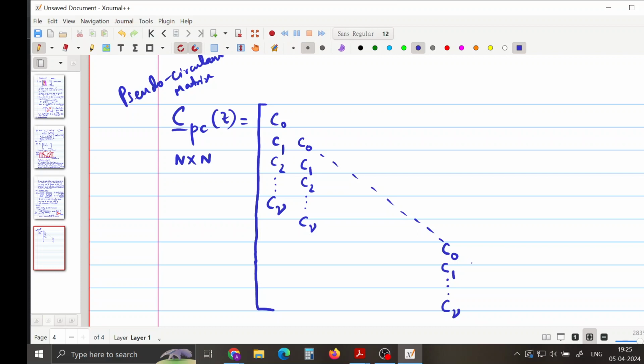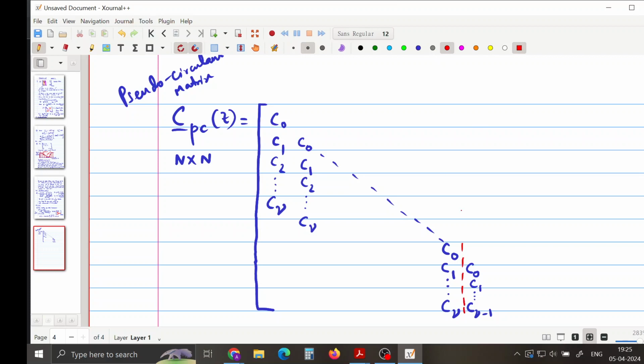The next column would be C naught, C1, so on till C mu minus 1, right?